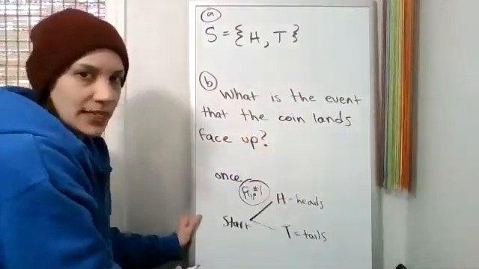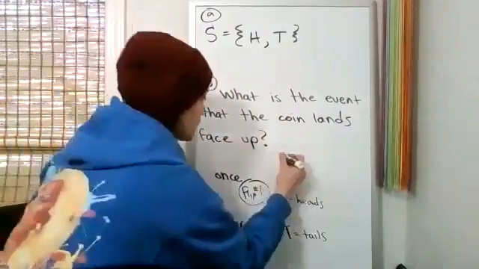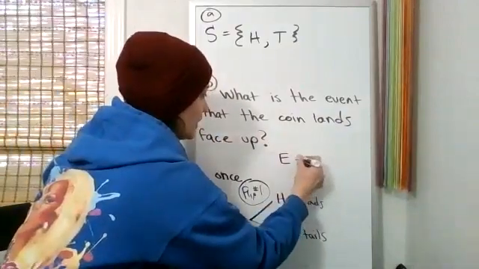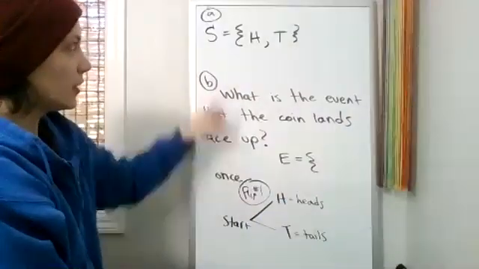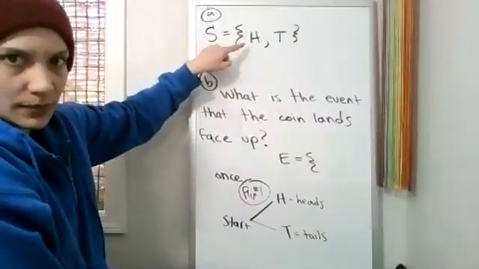I'm going to stick with calling our events E. So capital E is event, and it equals the set that contains lands face up, just this outcome, heads.